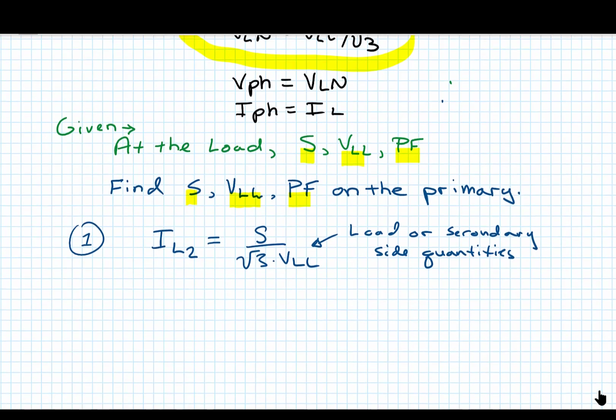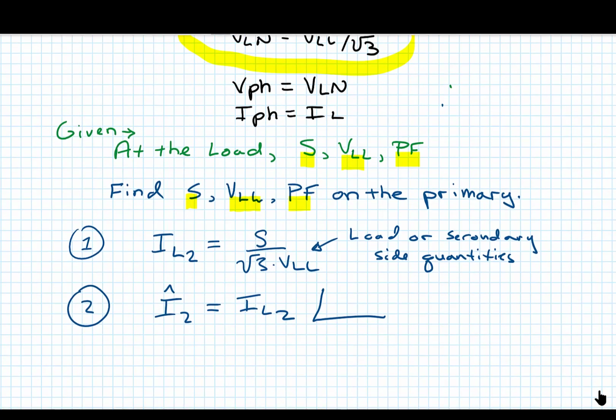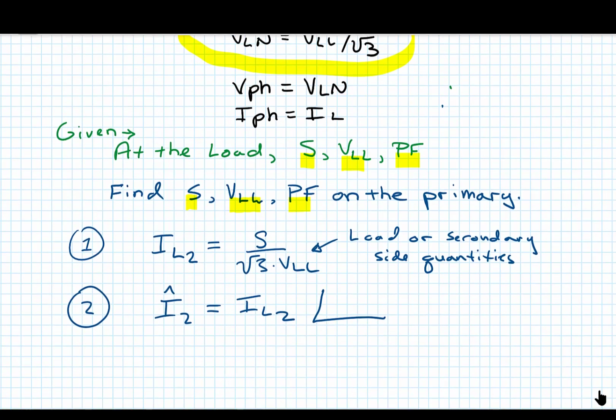Next I want to find the current I2. I2 is equal to the line current, and if I know the power factor, I need to know whether it's leading or lagging.